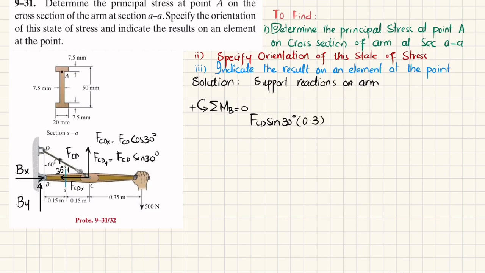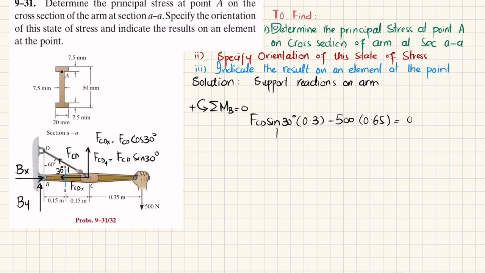The second moment is produced due to this 500 Newton load, and the perpendicular distance is 0.65. This is 0.3 and this is 0.35, so it is 0.65, and it is producing clockwise moment, so it will be negative. So I will write minus 500 times 0.65 is equal to 0.